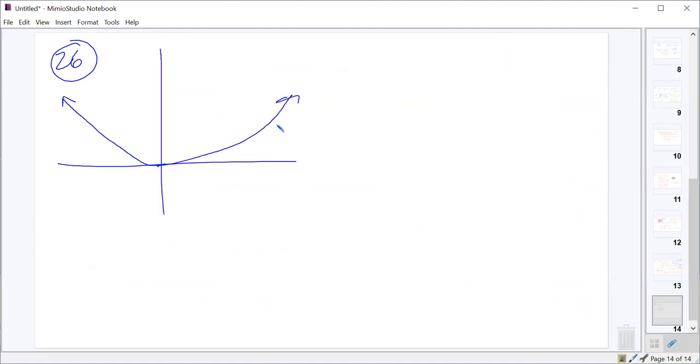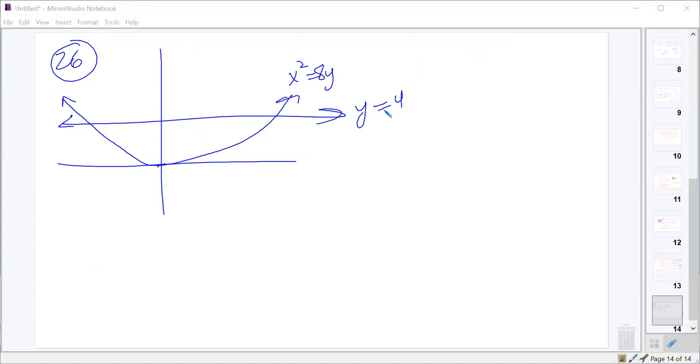So it's a very shallow looking parabola. And y equals 4. So this is, what did they call this? They called it x squared equals 8y. And y equals 4. Cross sections perpendicular to the y-axis are equilateral triangles.